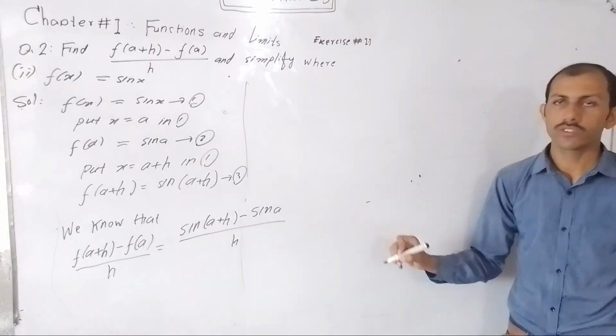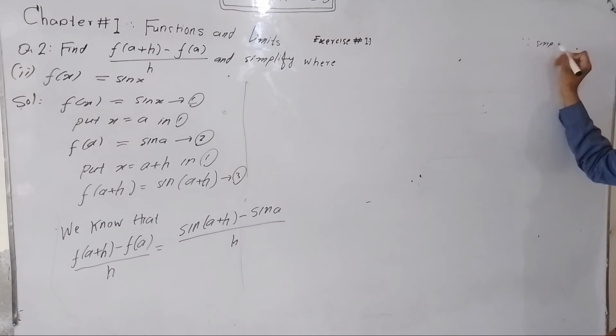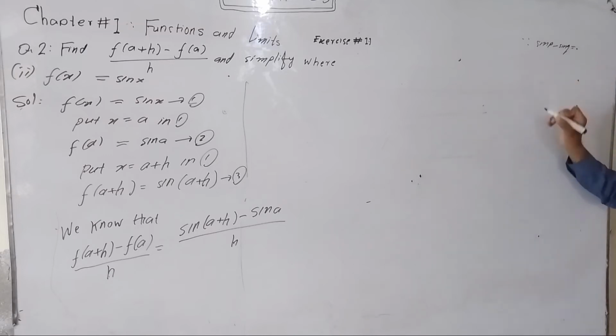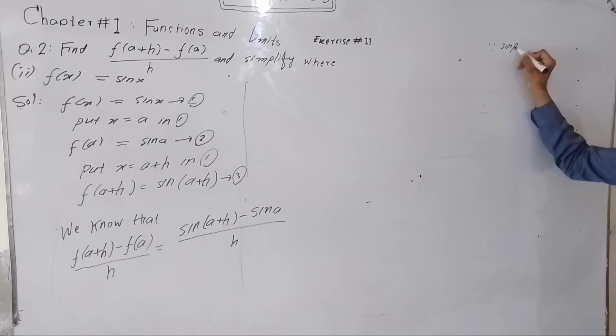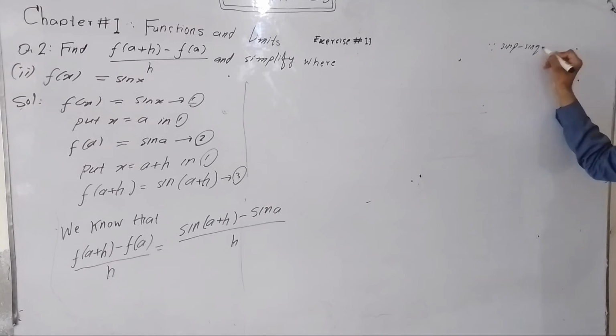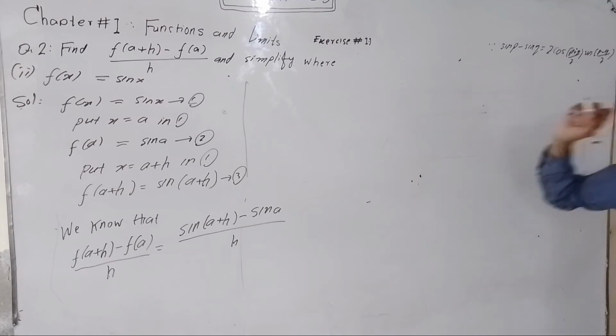Sin P minus sin Q. Therefore sin P minus sin Q is equal to 2 cos P plus Q over 2 sin P minus Q over 2. According to this formula we solve.